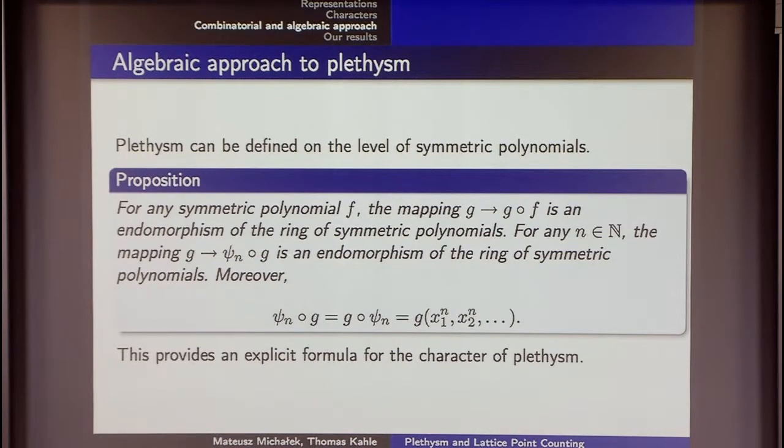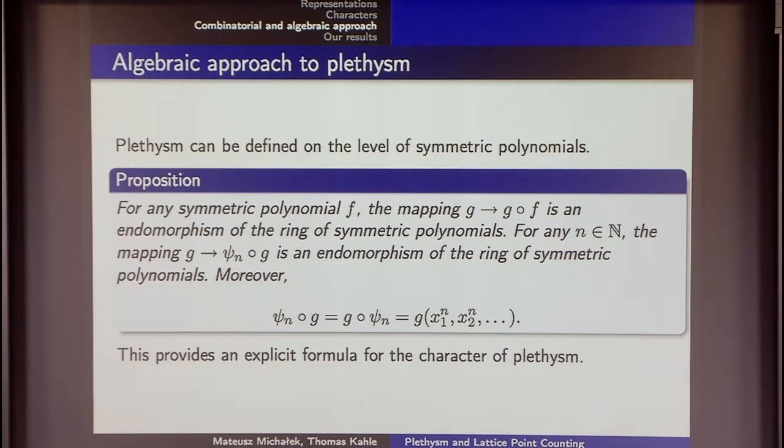And then when you express your outer thing in terms of psi, using the fact that this is an endomorphism of the ring of symmetric polynomials, and applying this formula, you can compute arbitrary Plethysms. So some people are nodding, but I'm not sure if it's clear. Yeah, most people are not.